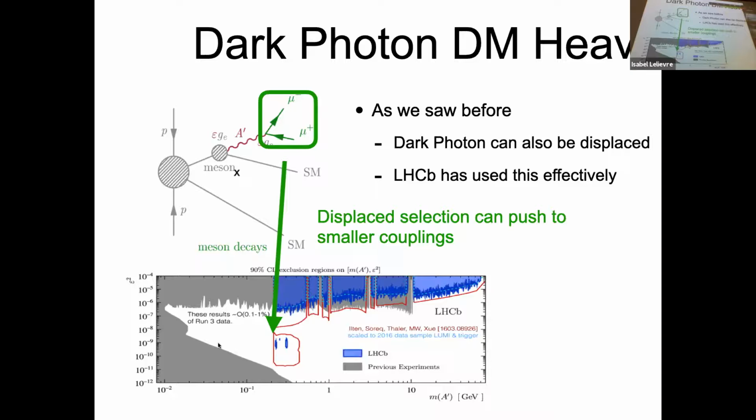The answer is that it's very hard to trigger on these. In the big experiments, these displaced dimuons are at the moment getting thrown out. There's a lot of work at the moment, really a lot of work, trying to embed these kinds of ideas into the trigger system. So I think these LHC bounds will not necessarily remain the most sensitive in the future.